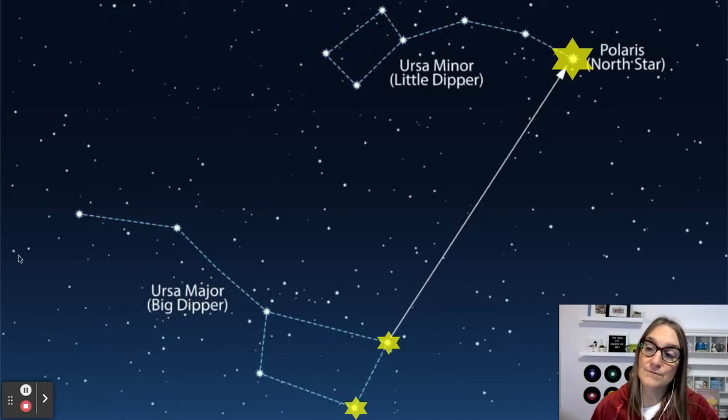And this is only part of the Ursa Major constellation. We'll look at the rest of it another time to see how it does make the shape of a bear. And then Ursa Minor is the little bear. So it's like a mama bear and a baby bear. But if you think of it as a spoon, it's really easy to be able to find the location of Polaris, the North Star. So keep all of that in mind as we go along.